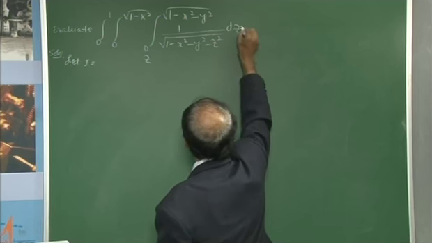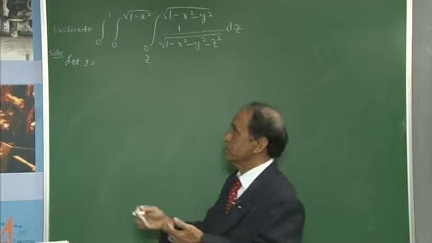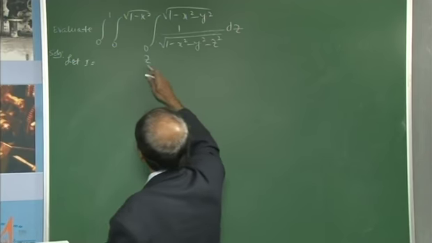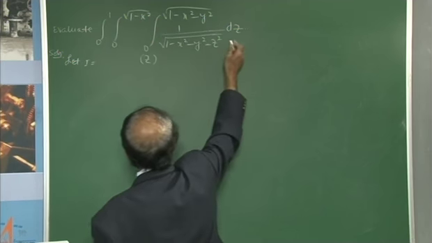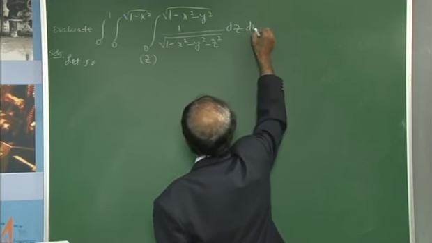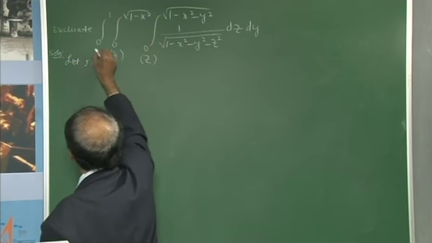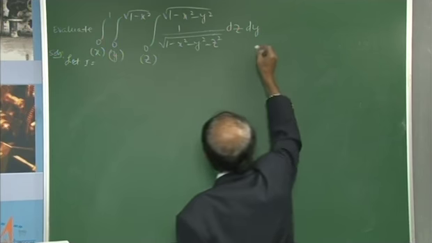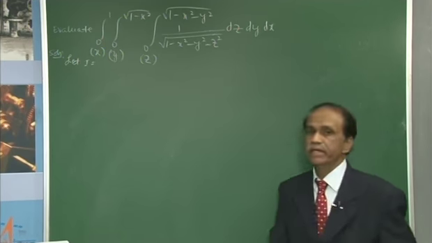Therefore, dz will act as the variable for the innermost integration, and when z is chosen, then since x is there, you cannot integrate with respect to x, so you go for y. And obviously the last one is x. Therefore, dz, dy and dx.